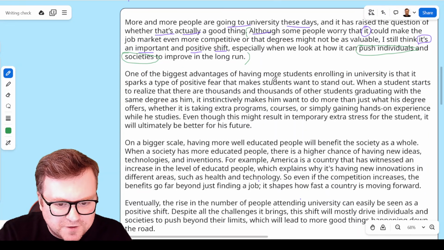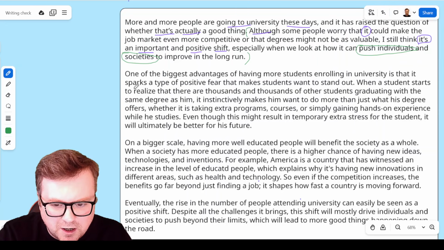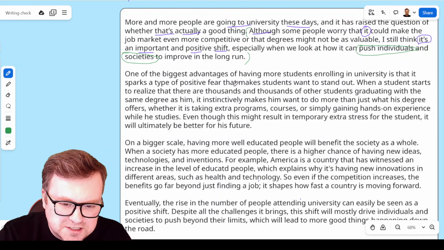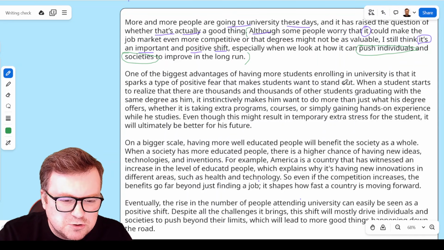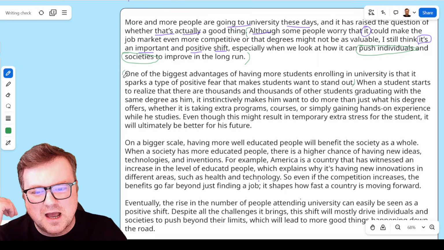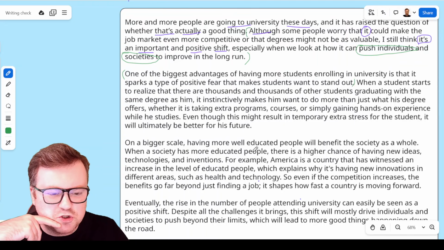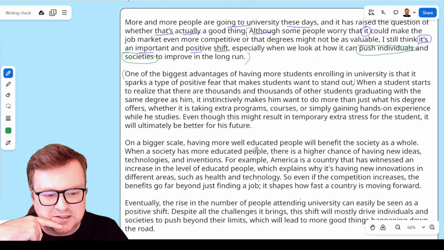Okay, one of the biggest advantages of having more students enrolling in university is that it sparks a type of positive fear that makes students want to stand out. Okay, I think I get your point. But this is a complex idea, and you certainly don't need complex ideas.